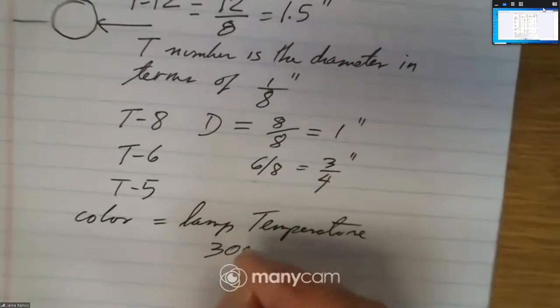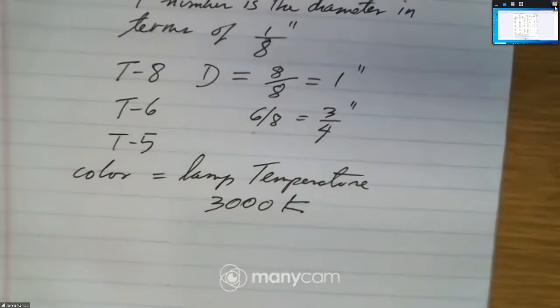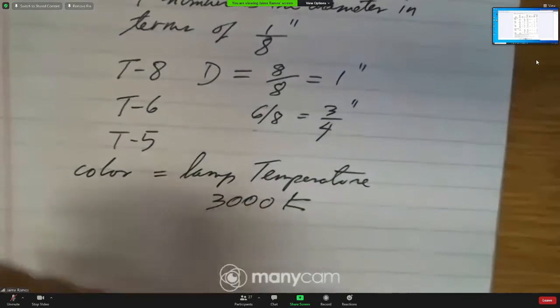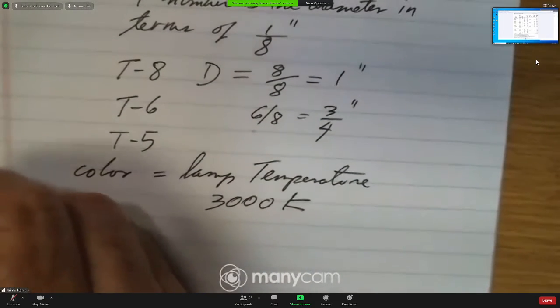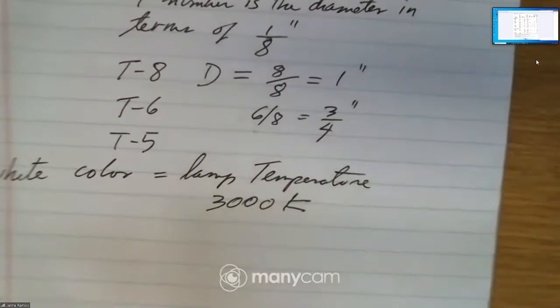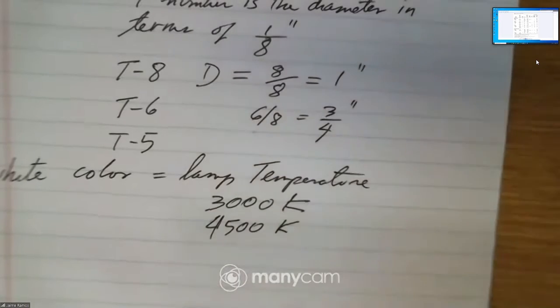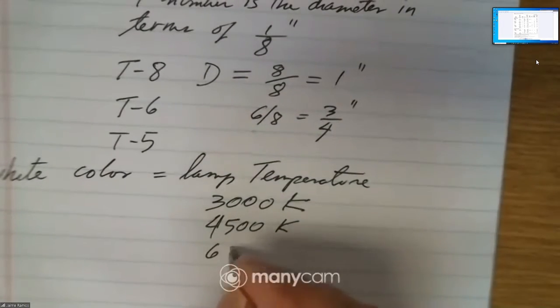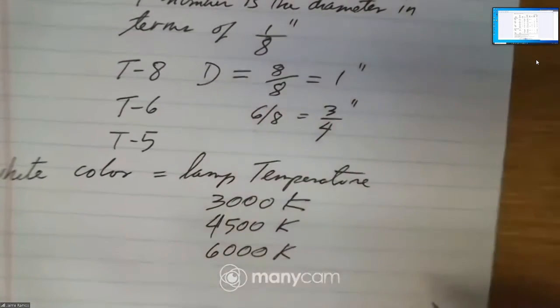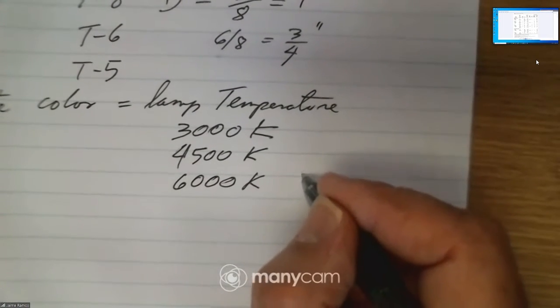For example, 3000 K. So for example, for fluorescent white color, 3400 K, 6,000 is the apparent temperature of the sun.